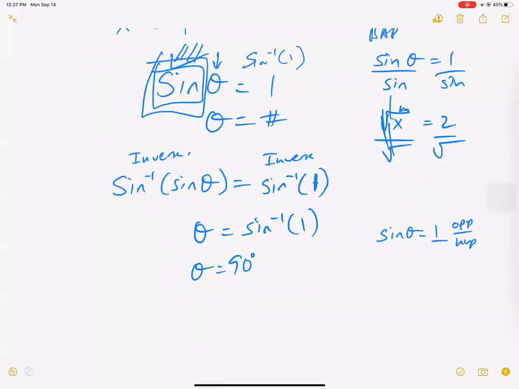That's what sine means. Sine is positive in quadrant 1 and quadrant 2. The opposite is 1, the hypotenuse is 1. That third side is a 0. Hey, that means there is no x value. We're standing straight up here. That is, theta has to be 90 degrees for this to be true.